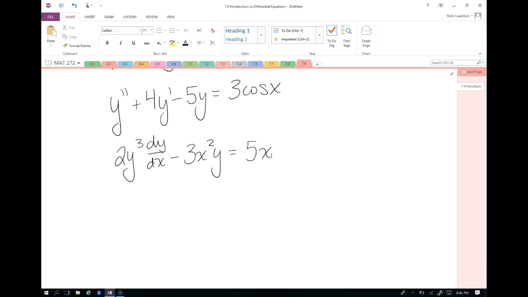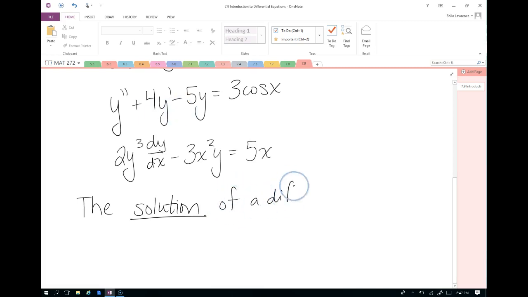So now that we know what a differential equation looks like, the solution to a differential equation is a function. It is the original y function that is in that equation that we're given. It's the original function.